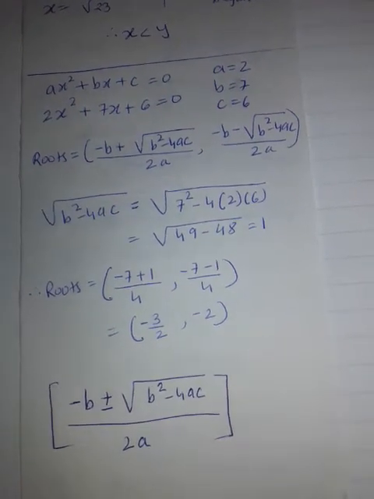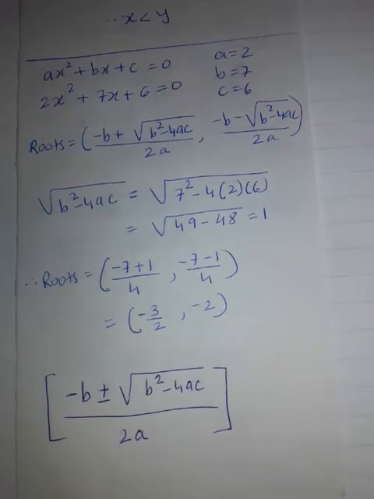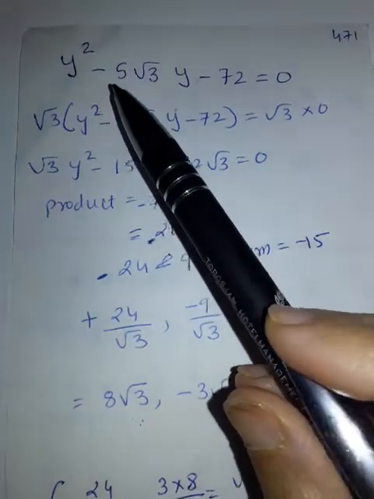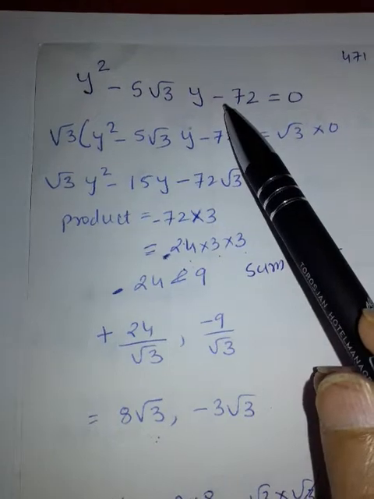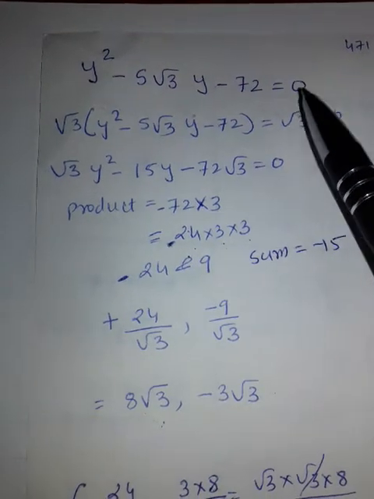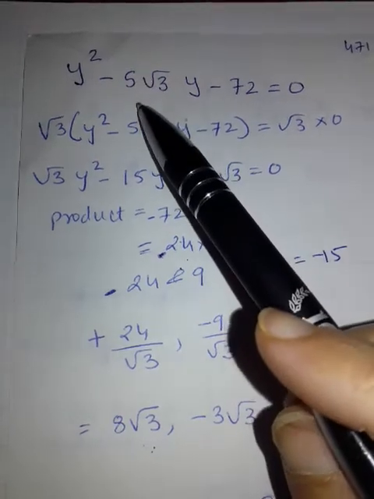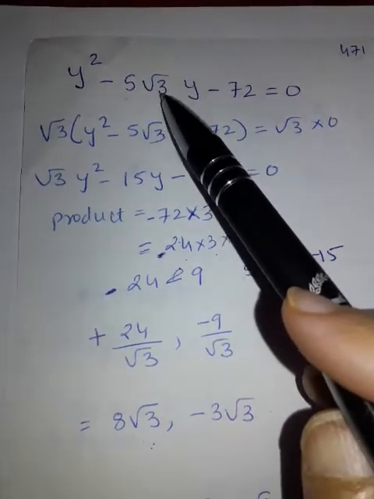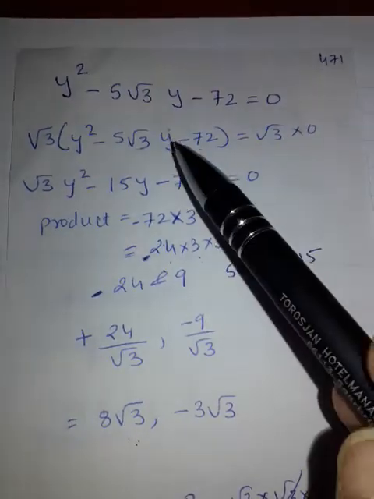Now let's see applying it to equations of a little higher level of difficulty. Let's solve this equation: y square minus 5 root 3 y minus 72 equal to 0. What idea are we going to use here? We want to get rid of this root 3 from the middle term. So we will multiply both sides by root 3.